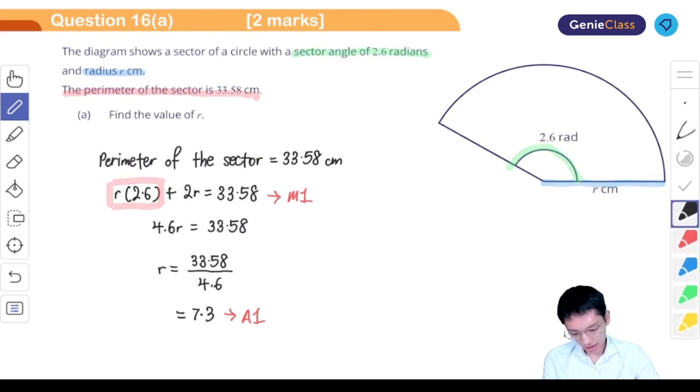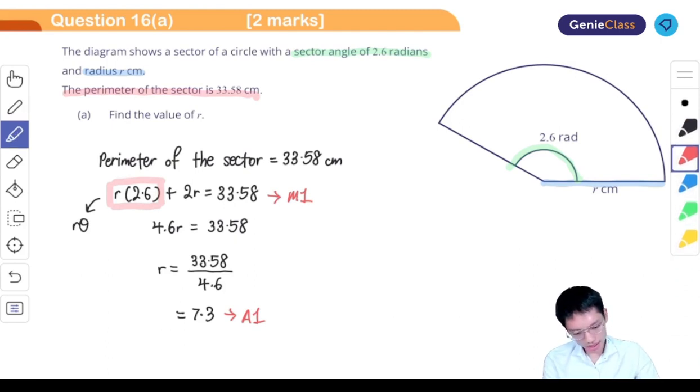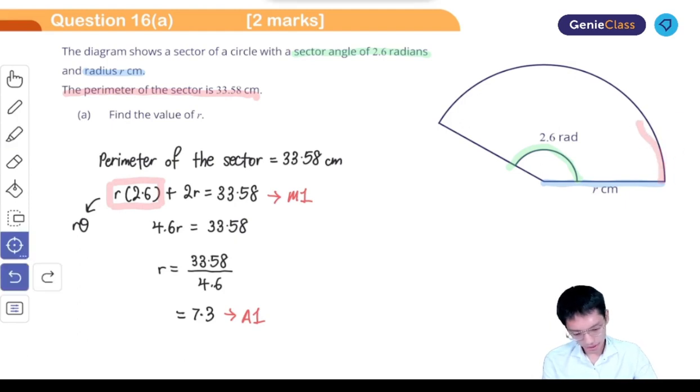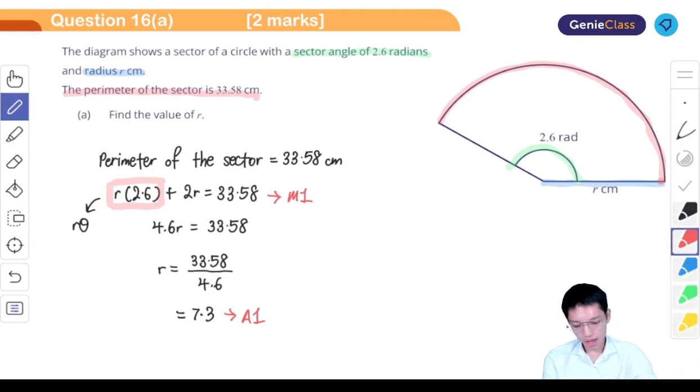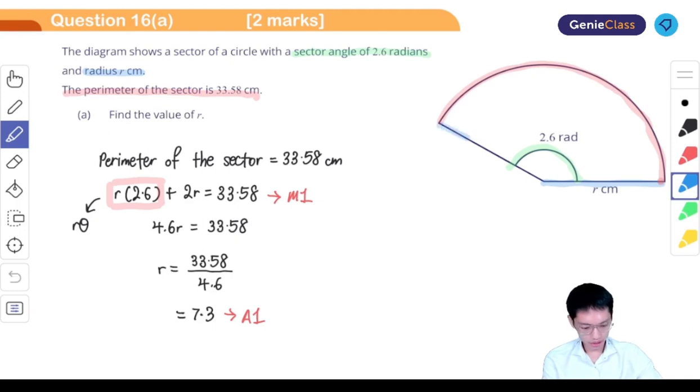Take note, it's not just r theta, because r theta over here is just this part. Let me draw it first. We need to consider the lines that surround my sector in order to form my perimeter.